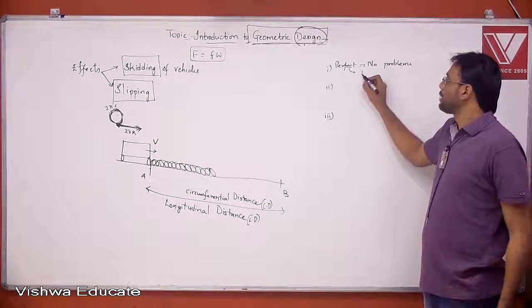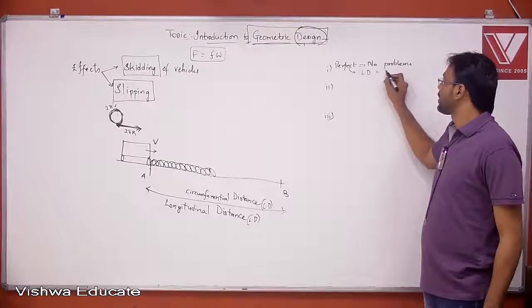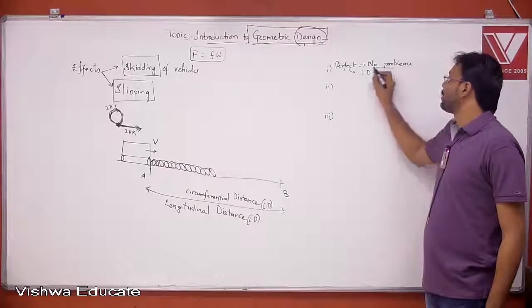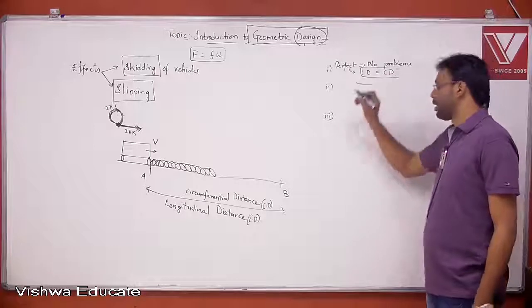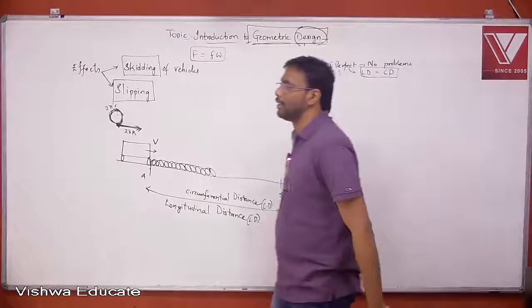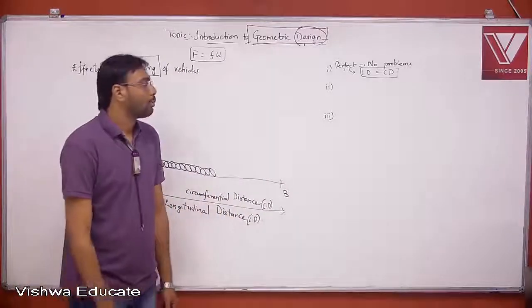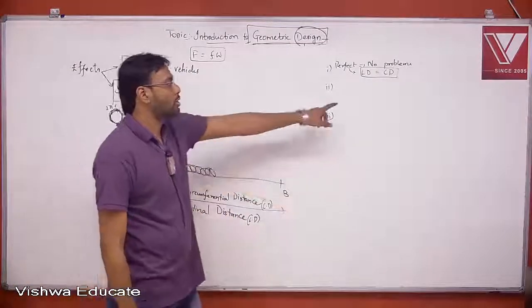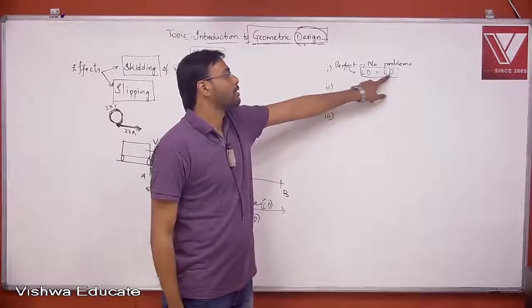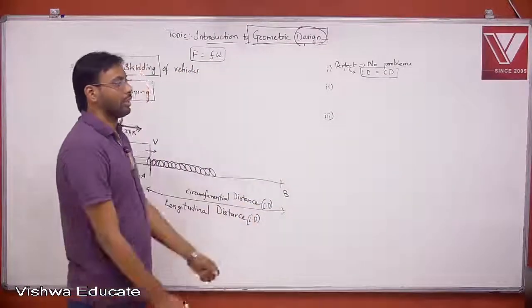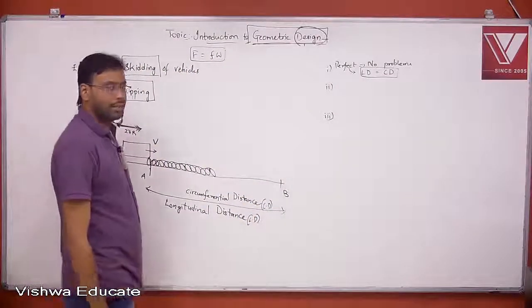So the longitudinal distance and the circumferential distance will be the same. They are both equal. That is the relation, right?